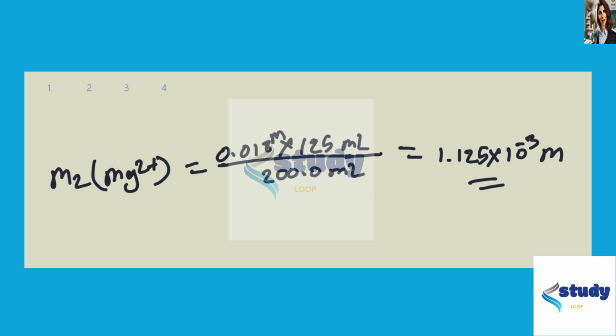Now we know both the hydroxide ion's final concentration and the magnesium ion's final concentration.